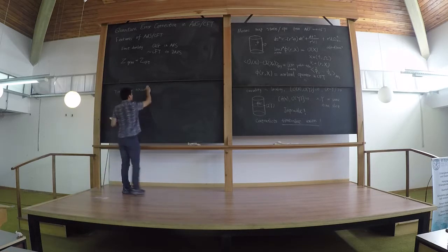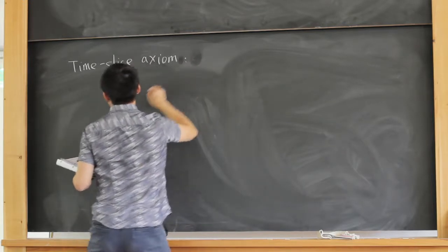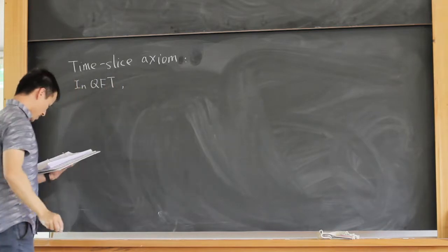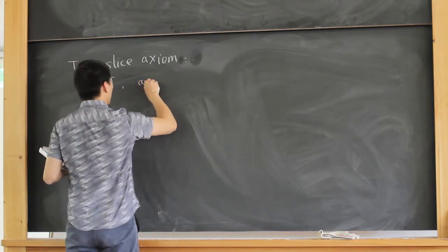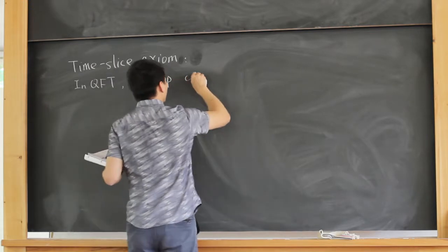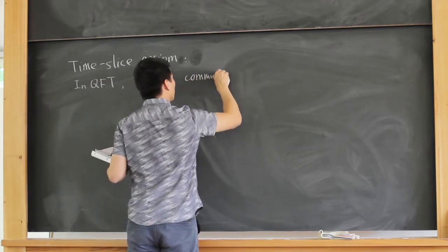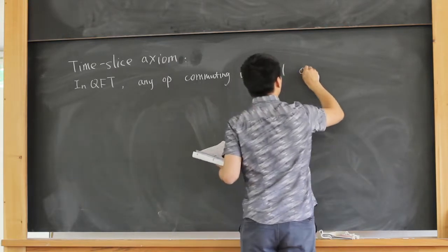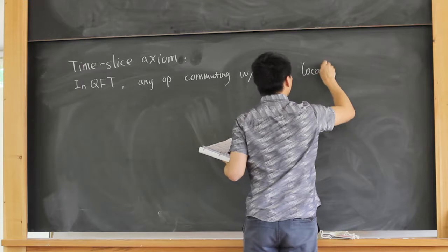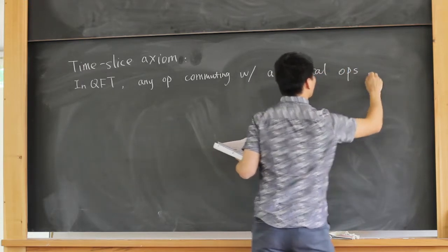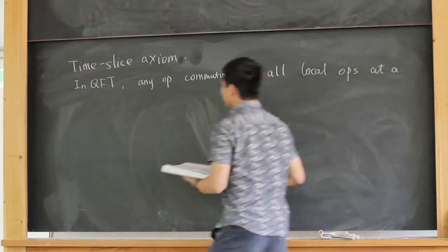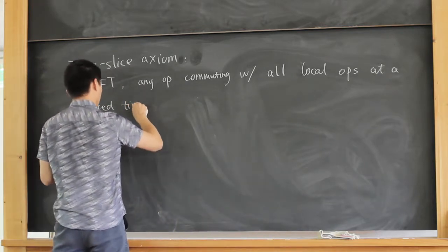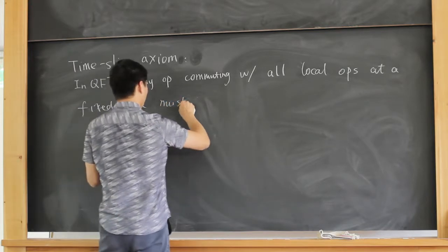It's a general statement in quantum field theory. It says, in any quantum field theory, any operator that commutes with all local operators at a fixed time must be trivial.